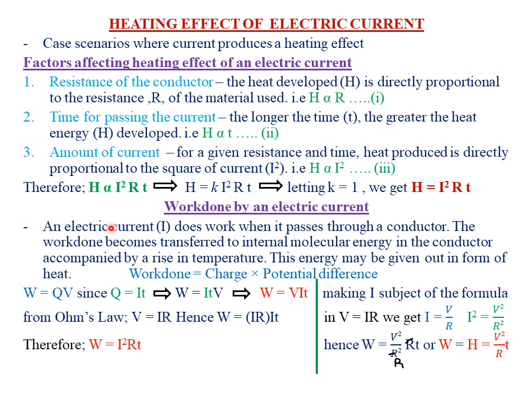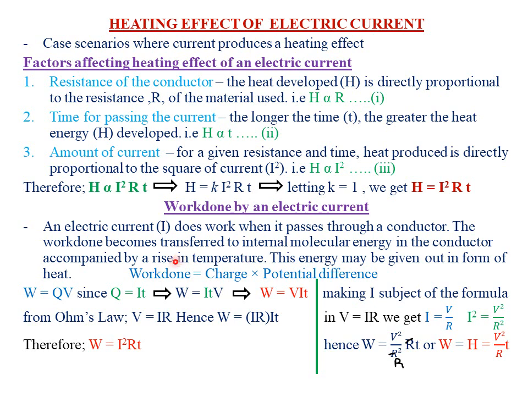We did say that current simply refers to the rate of flow of charges. So when we talk of an electric current doing work when it passes through a conductor, we simply mean that there is work being done to move an electron from one point of a conductor to another point of that particular conductor. So the work done in moving an electric charge or an electron from one point of a conductor to another is what we are calling the work done by an electric current.